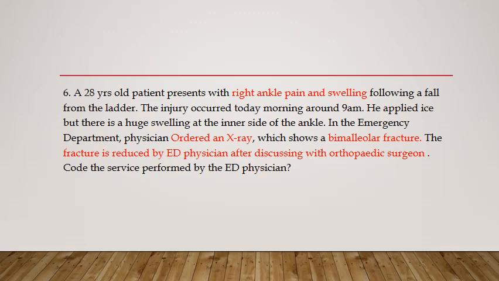Now, your MDM is not directly given, so take your MDM table and identify the problems given in the question. It is given as right ankle pain and swelling, which means pain and swelling are minor problems. Then the physician ordered an X-ray. And what is the diagnosis? It is a bimalleolar fracture. A fracture comes under acute complicated injury. If it is a sprain, we can categorize it as acute uncomplicated injury, but a fracture comes under acute complicated injury.